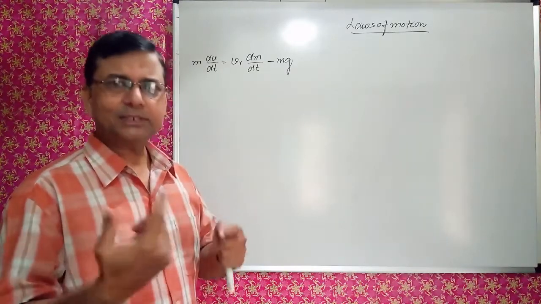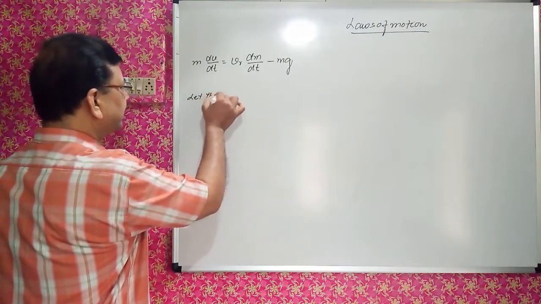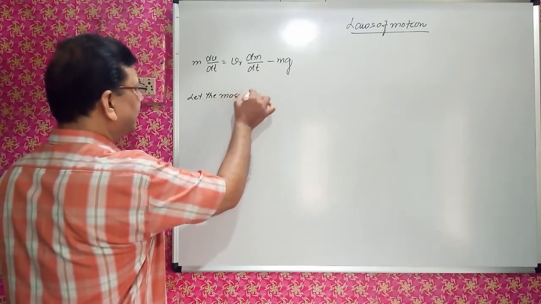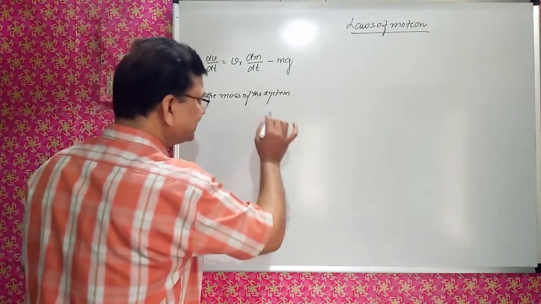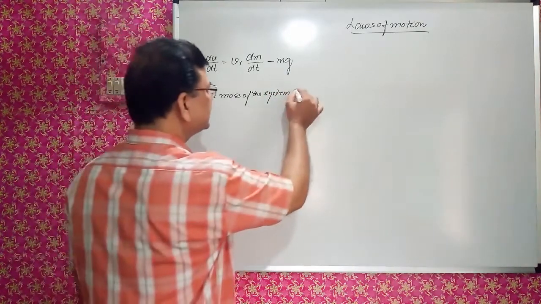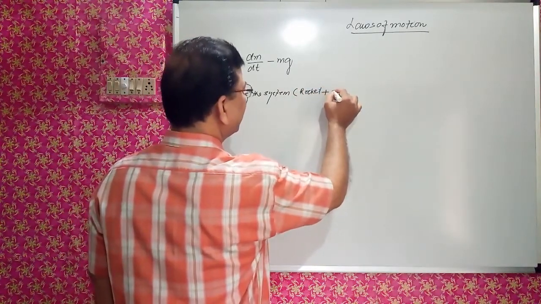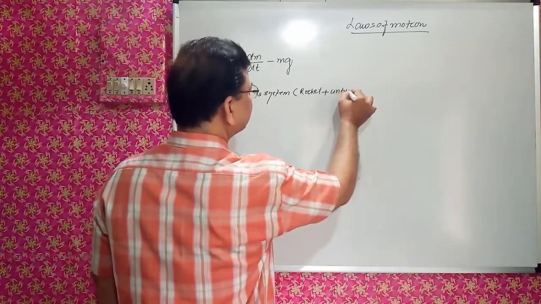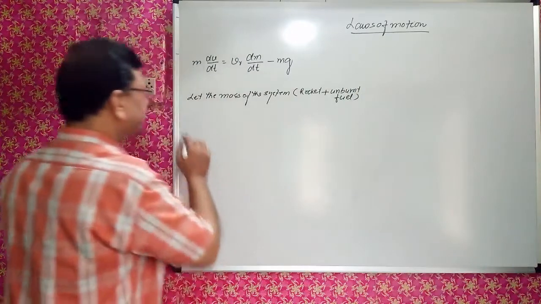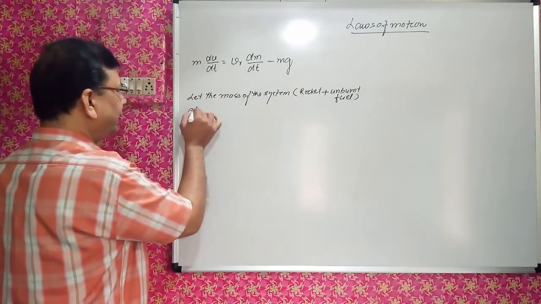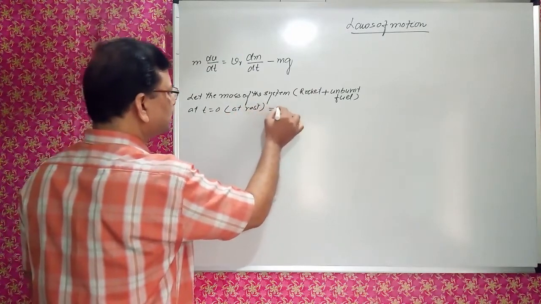Let the mass of the system, and whenever I talk about the system, this means rocket plus unburned fuel, right? The mass of the system at t is equal to 0, that is at rest, is equal to mg.